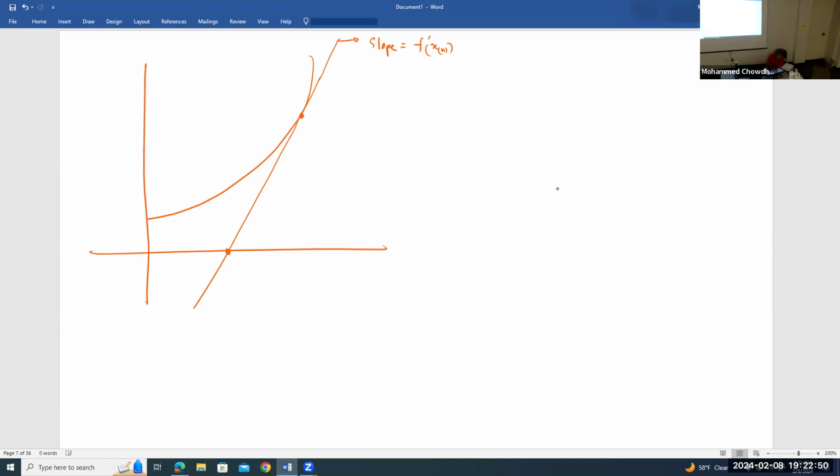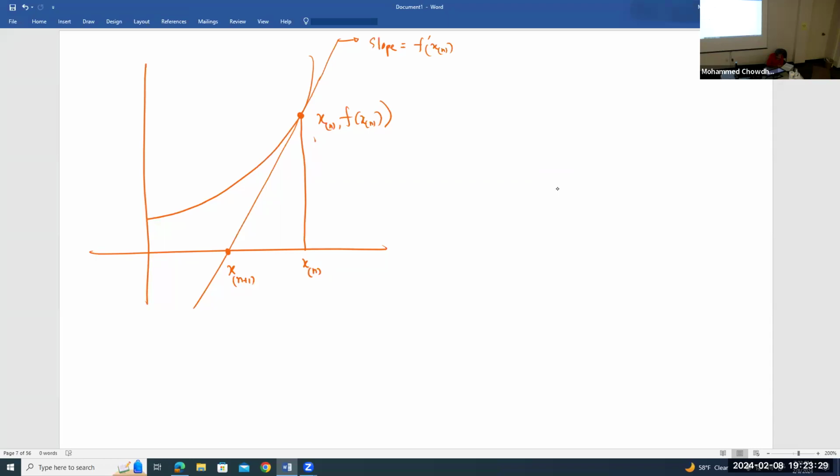This is one point, and that is another point. This is called xn, and that is called xn plus 1. So this is the geometric point in here. If the geometric point has been taken, it should be xn and f of xn. This is the geometric coordinate in here, and this is the slope.